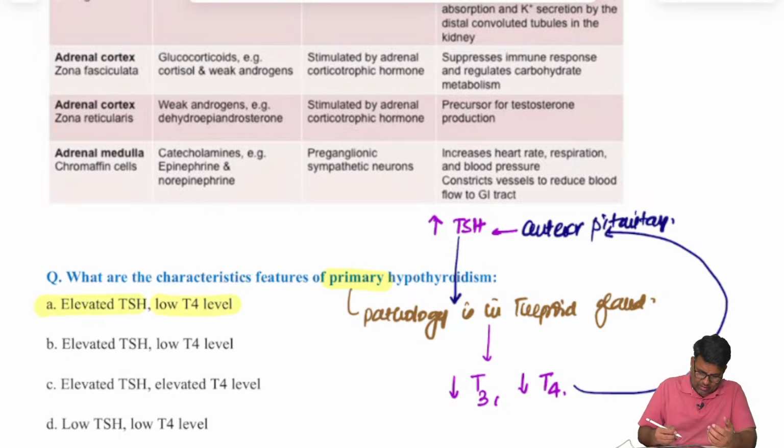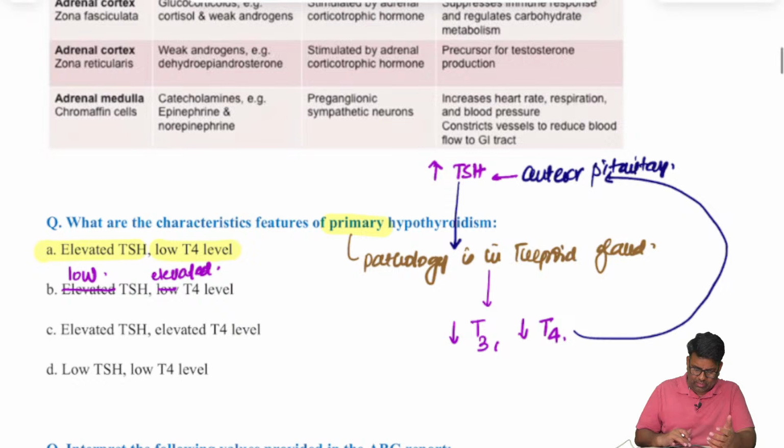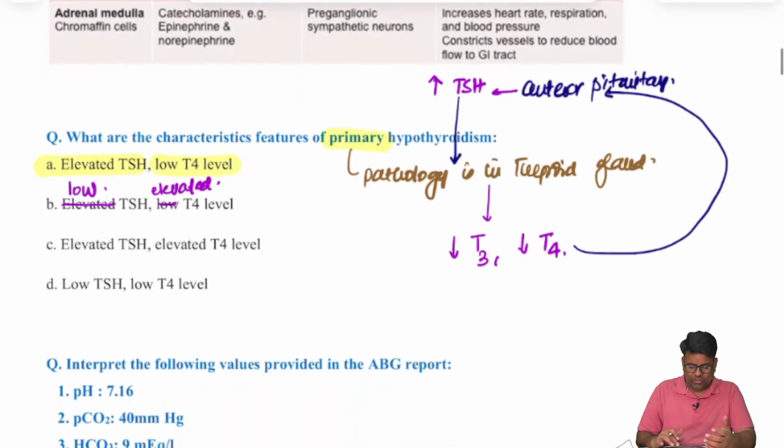And you can change any of the options here. You can keep it like this, low, and you can keep it elevated, right? So this way your answer would be option A. Okay. So this is primary hypothyroidism, low thyroid hormones, increased, elevated TSH.